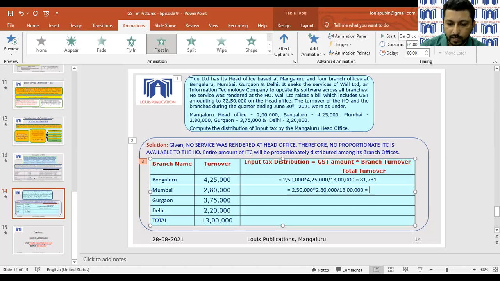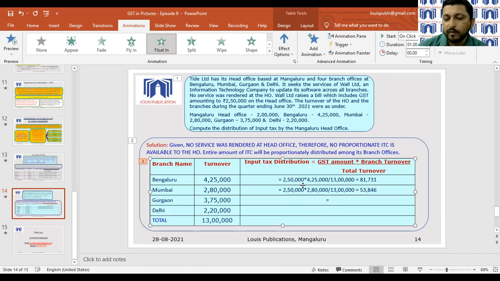It is 2,50,000 into 2,80,000 divided by 13 lakh. That will be 53,846. So I record 53,846. It's 1.15, so we will exclude that. Anyway, we'll need it for approximation to that number.